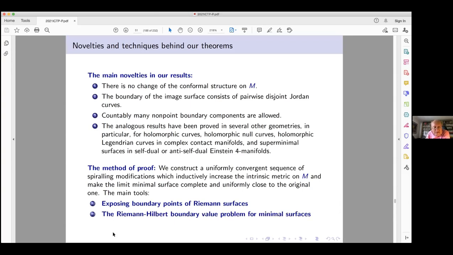And the second, the key step, is actually the second one. We have developed a Riemann-Hilbert modification, a boundary value problem for minimal surfaces. So this is a classical technique of complex analysis, which has been used extensively. But we developed it in some other geometries, in particular for null curves, minimal surfaces, Legendrian curves. And I think there is a lot of space for further developments of this technique.